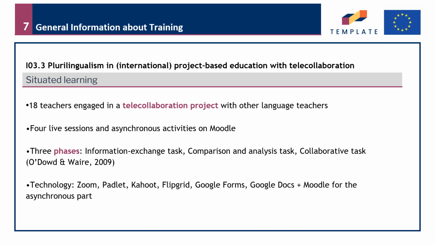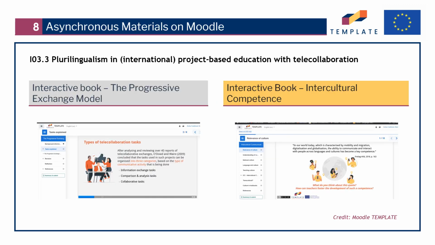Following O'Dowd and Ware's progressive exchange model, there were 3 phases: information exchange task, comparison analysis task, and a collaborative task. The technologies we used were Zoom, Padlet, Kahoot, Flipgrid, Google Forms, Google Docs, and Moodle for the asynchronous part. The materials on Moodle were presented using the interactive H5P book.